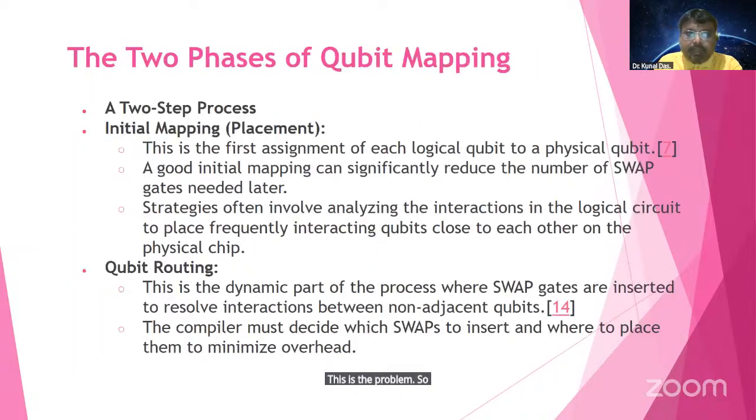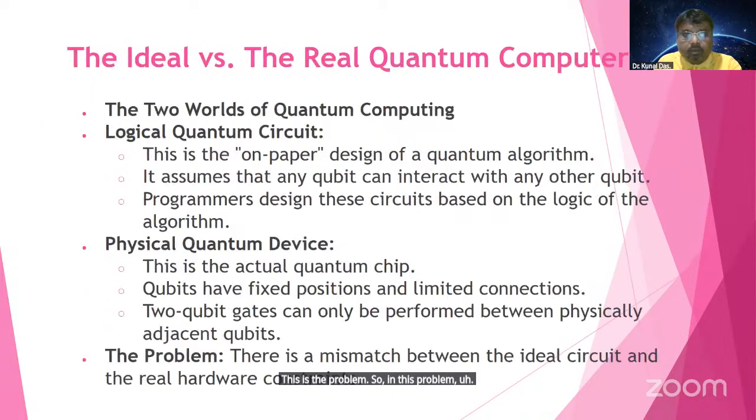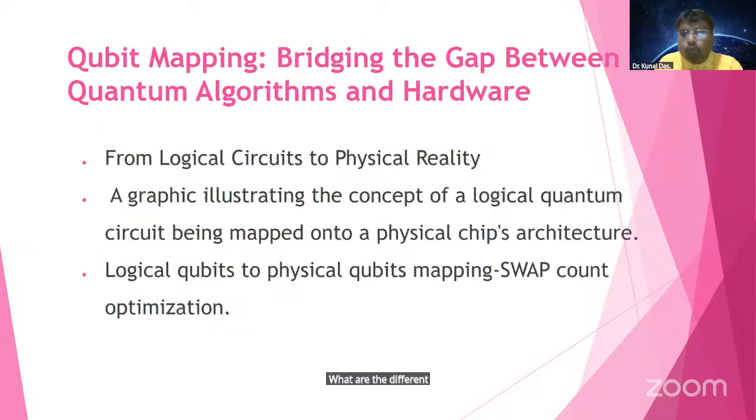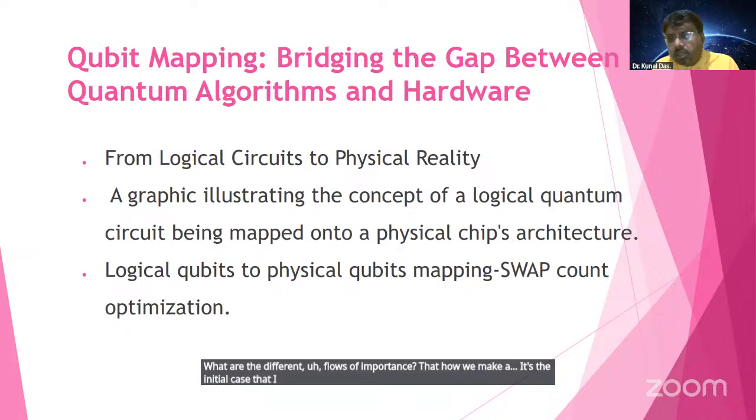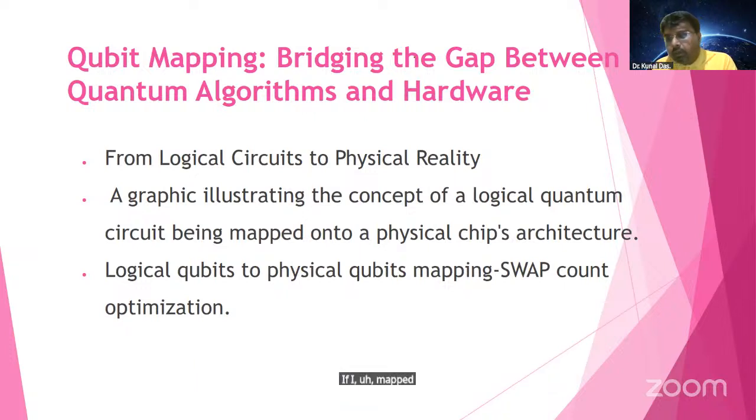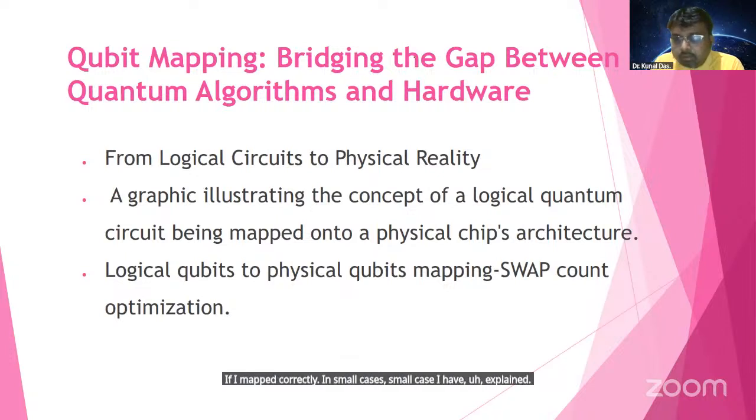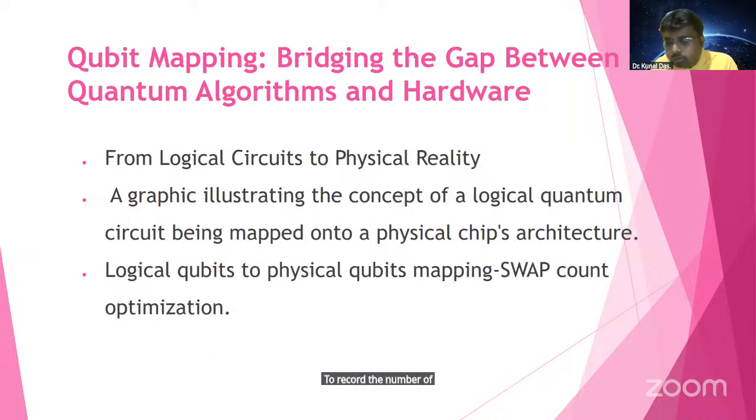In this problem, if I map correctly in the small case I have explained, then there is no doubt about the question of swap count. But in a complex circuit, you need to record the number of swap counts. Why is the swap count important here?